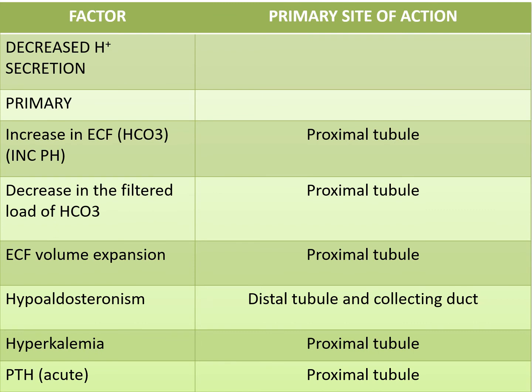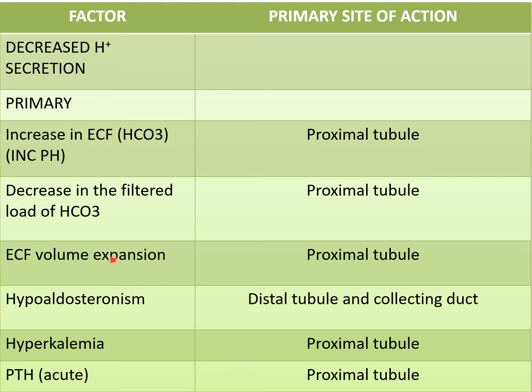However, the above factors are due to increased hydrogen secretion, and there are also factors that will tend to decrease your hydrogen secretion. The primary factors would be a decrease in GFR, so it's the opposite of the increase in hydrogen secretion. So this one will bring about decrease in hydrogen secretion in the proximal tubule. Decrease in the filtered load of your bicarbonate will decrease the secretion in the proximal tubule.